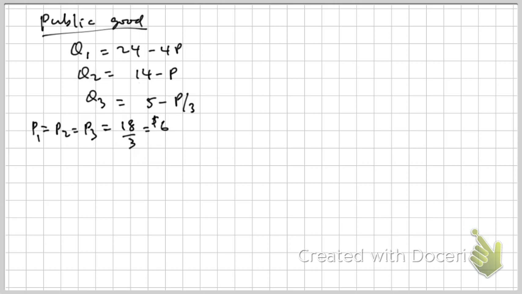So if each individual pays $6, then what's going to be the demand for each individual, and then what is the optimal quantity that should be produced?